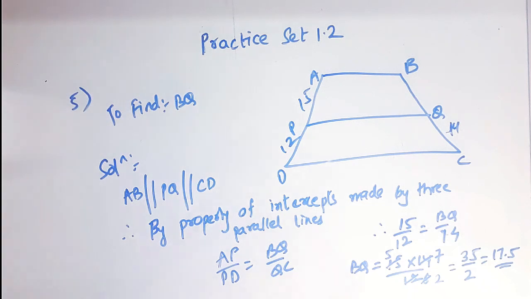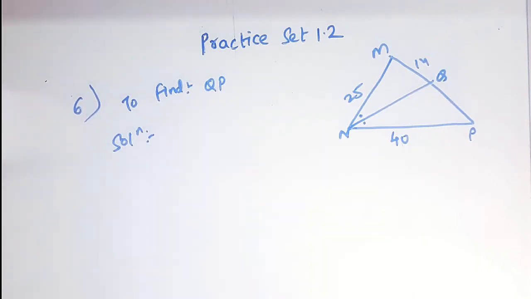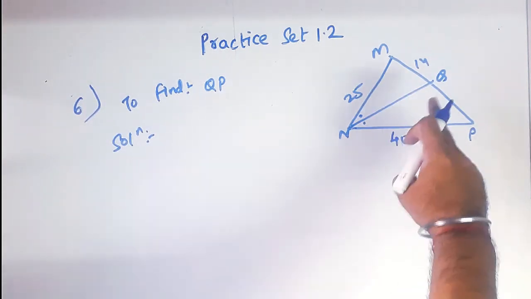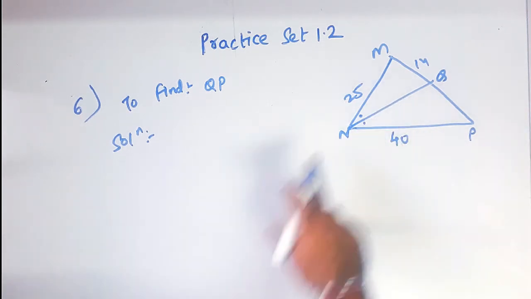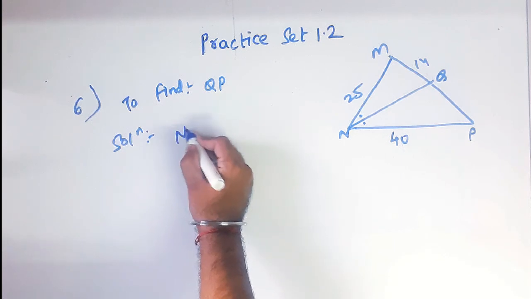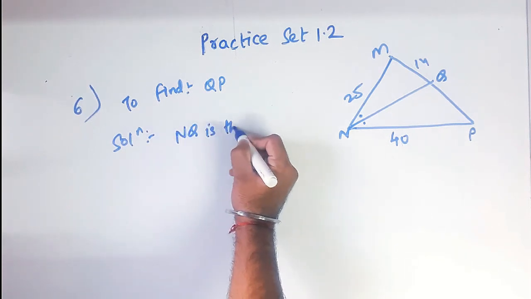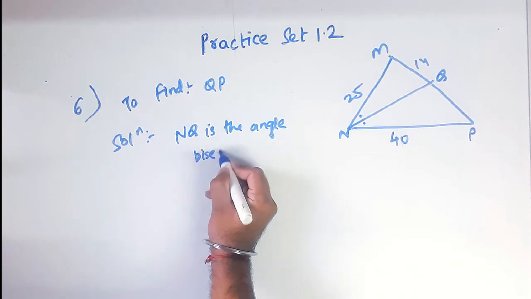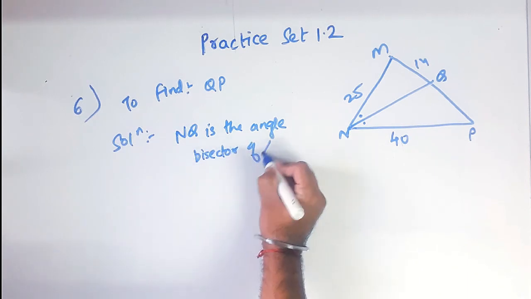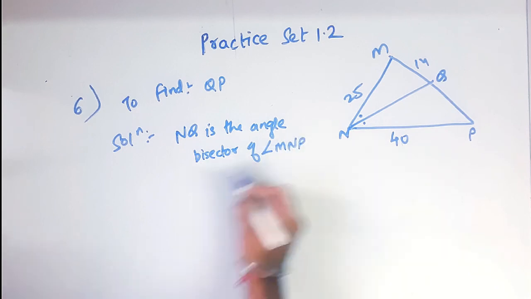Then sum number 6, you can see NQ is the angle bisector. Now if NQ is the angle bisector, we can use angle bisector property. So I'll write first, NQ is the angle bisector of angle MNP.